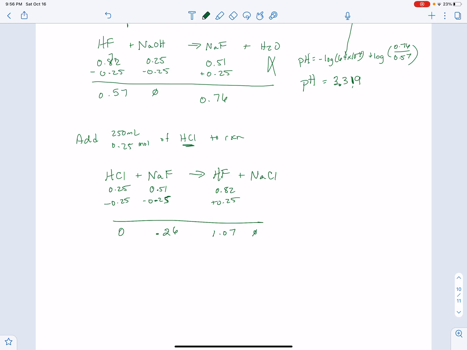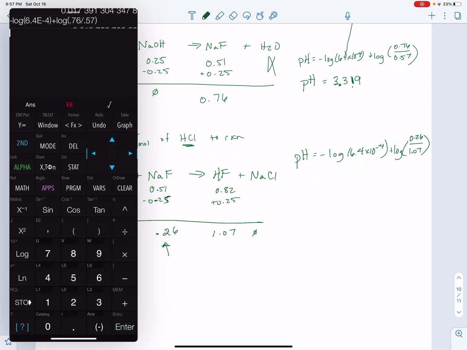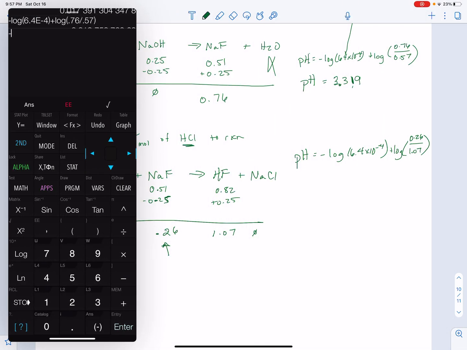So let's do Henderson-Hasselbalch again. pH is equal to the negative log of 6.4 times 10 to the minus 4th plus the log of, and our salt happens to be on the other side, so don't lose the salt. That's NaF is the salt. 0.26 over 1.07. So negative log of 6.4 e to the negative 4th plus the log of 0.26 divided by 1.07.